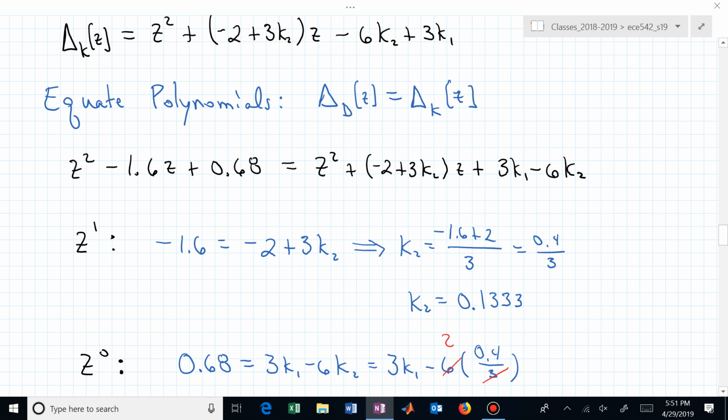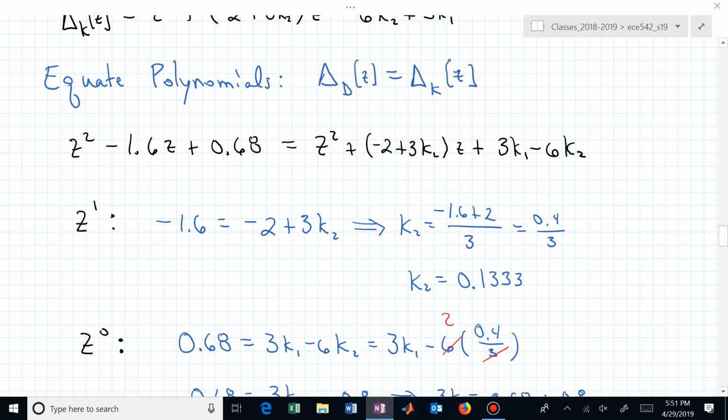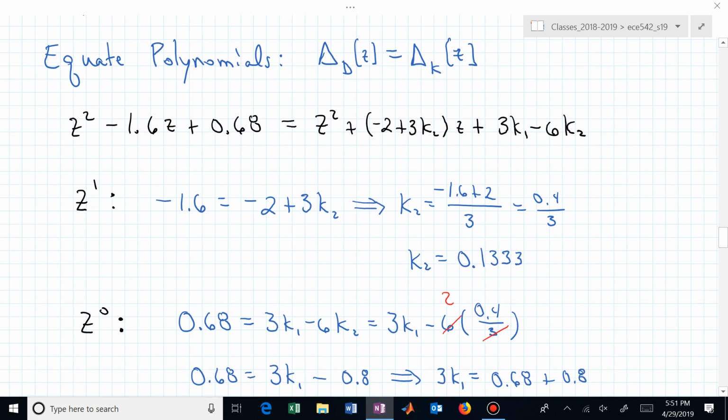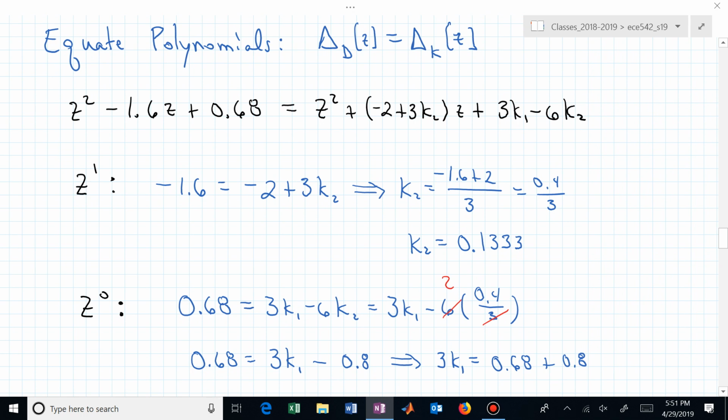We've already determined k sub 2, and we'll reuse that to eliminate the unknown k sub 2 in this equation, where k sub 2 is now 0.4 over 3, and 3 goes into 6 2 times. That allows us to clean up that right-hand side, and we now have 0.68 equaling 3k1 minus 2 times 0.4, or 0.8.